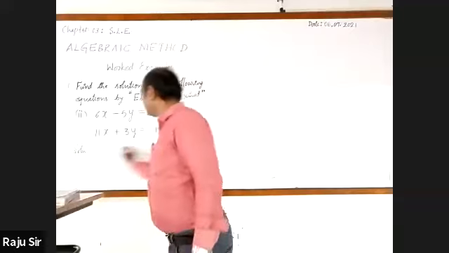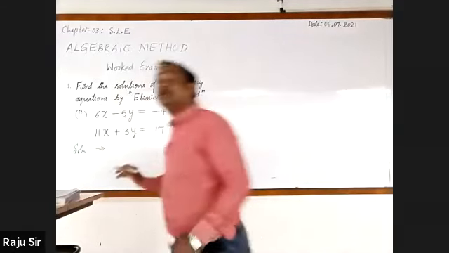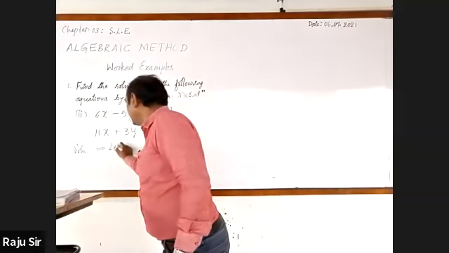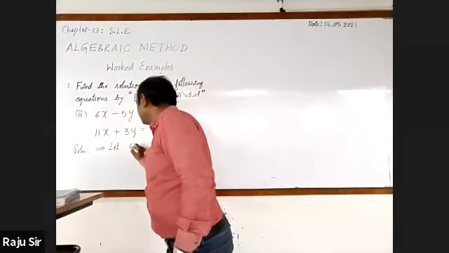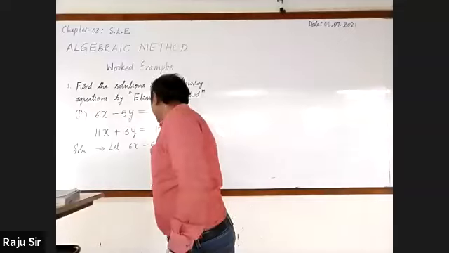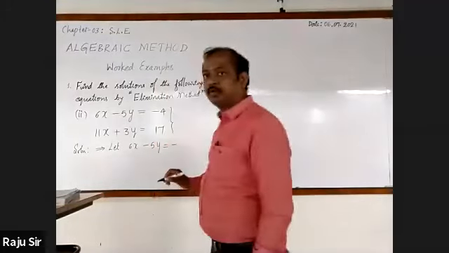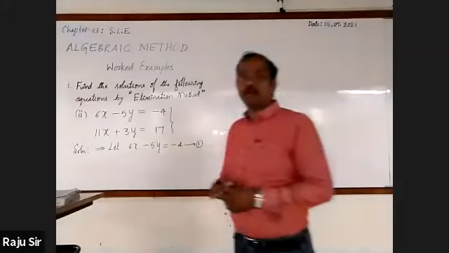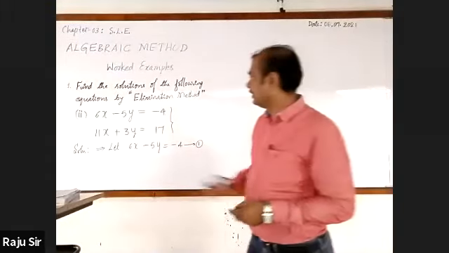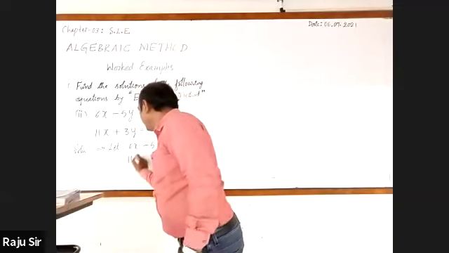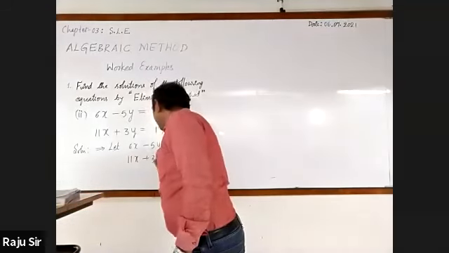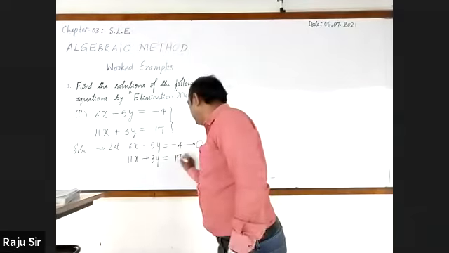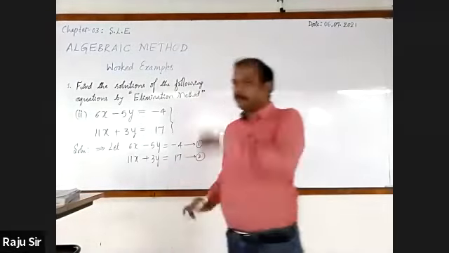So, we are going to give the numbers for them. Let 6x minus 5y is equal to minus 4. You may call it equation 1. Next, 11x plus 3y is equal to 17. Call it equation 2.